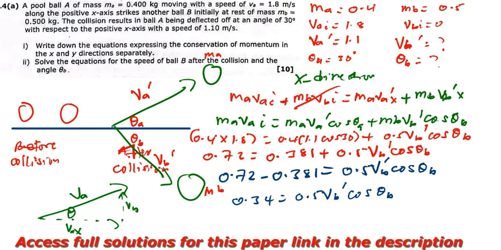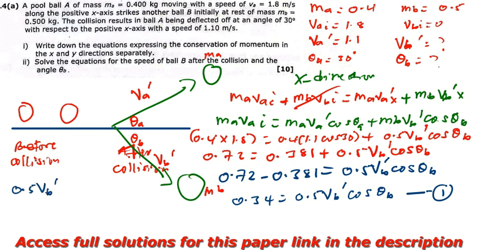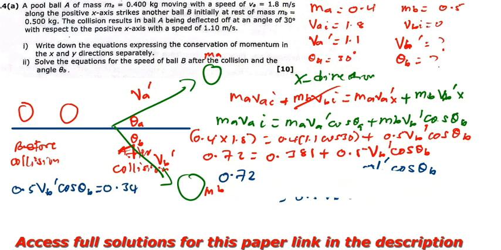So that's the equation for the x direction, which I can put here. The best thing I can do is start writing 0.5 VB prime cos theta B being equal to 0.34, like that.